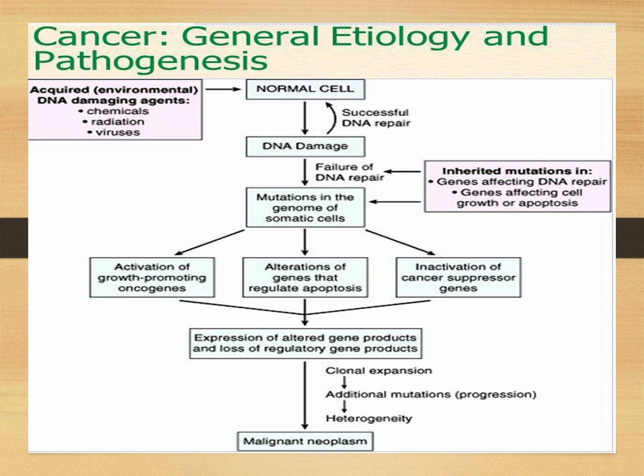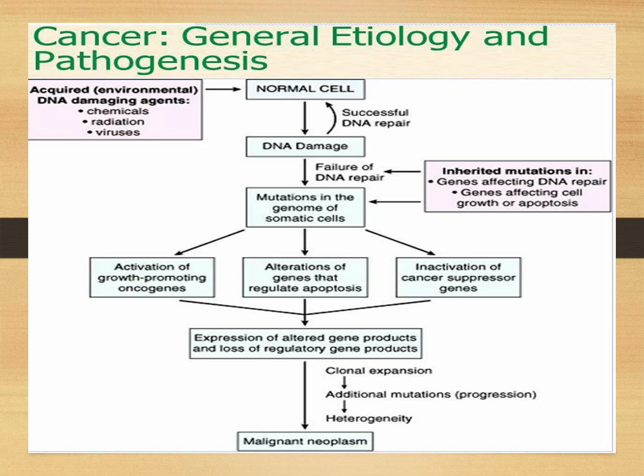This altogether causes expression of altered gene products and loss of regulatory gene products, and due to clonal expansion, additional mutations or progression of mutations occurs, which leads to heterogeneity and malignancy, which ultimately produces a malignant neoplasm. This is the general etiology and pathogenesis.